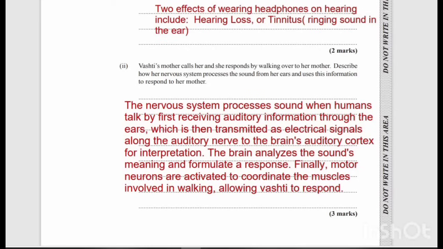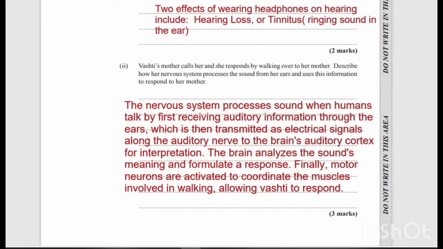This information is then transmitted as electrical signals along your auditory nerve to the brain's auditory cortex for interpretation. The brain analyzes the sound, meaning, and formulates a response. Finally, a motor neuron is activated to coordinate the muscles involved in walking, allowing Vashti to respond.